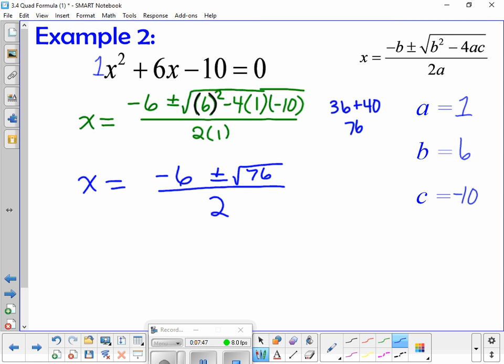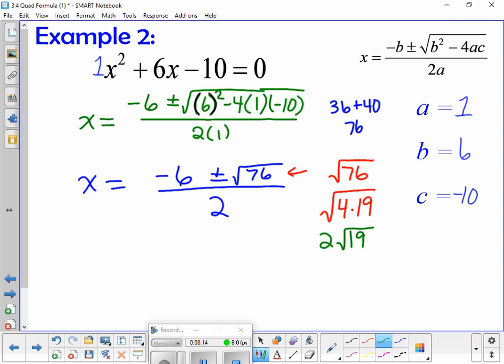So at this point, you want to take a look at your radical and think about whether or not you can simplify that. Well, the square root of 76 is what I'm trying to simplify. Another way of writing 76 is that it is 4 times 19. But we know the square root of 4 is 2, and 19 is a prime number.